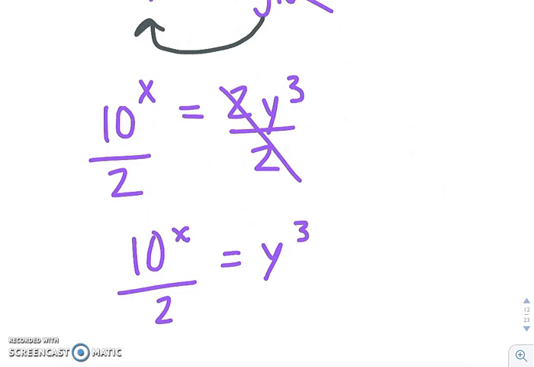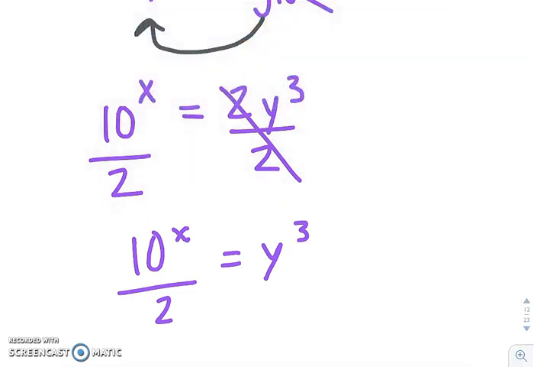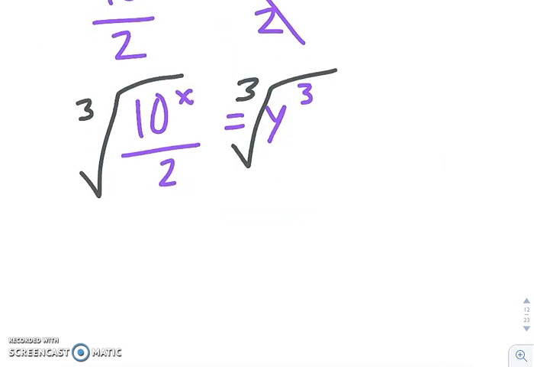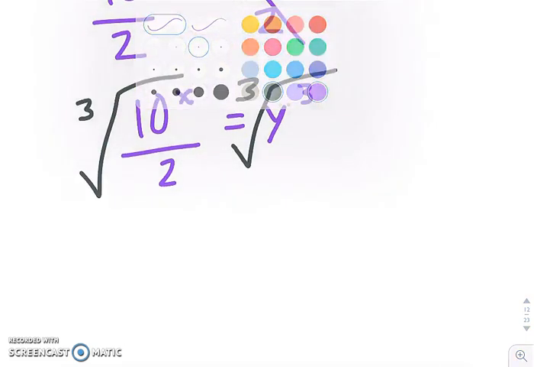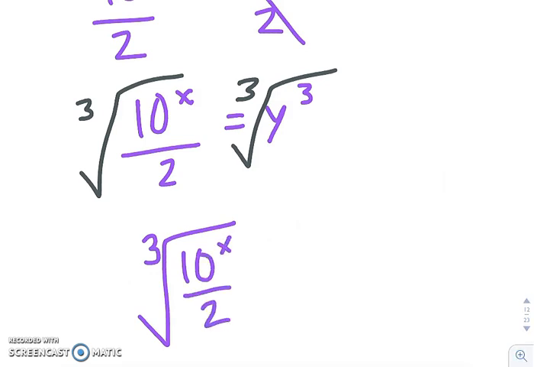And then we're going to take the cube root of both sides. So we've got the cube root of 10 to the power of x over 2 equals just y.